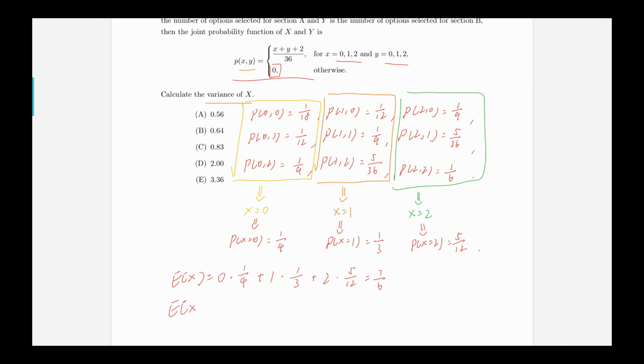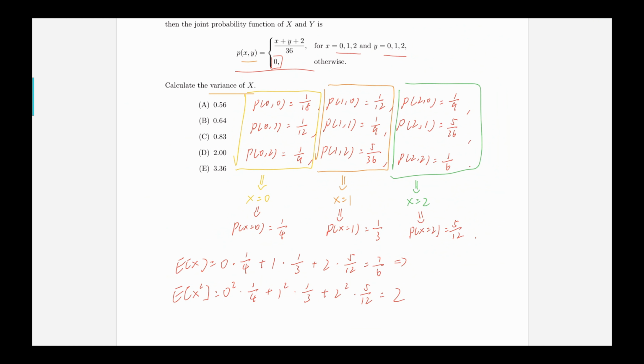So now let's find the expectation of x squared. This is going to be 0 squared times 1/4 plus 1 squared times 1/3 plus 2 squared times 5 over 12. And this is just going to be 2. And if I square the expectation of x, it is going to be 49 over 36.